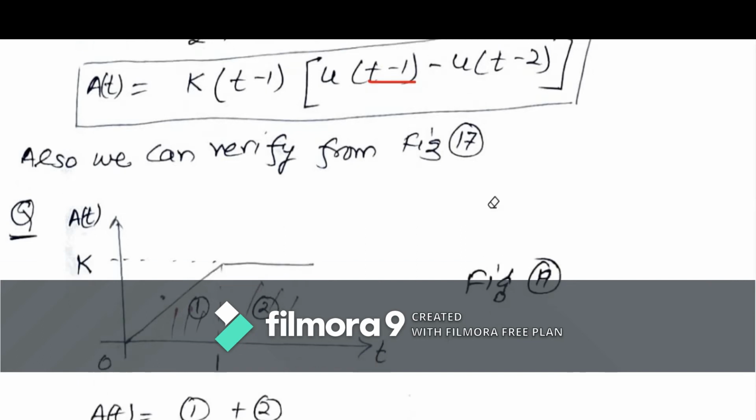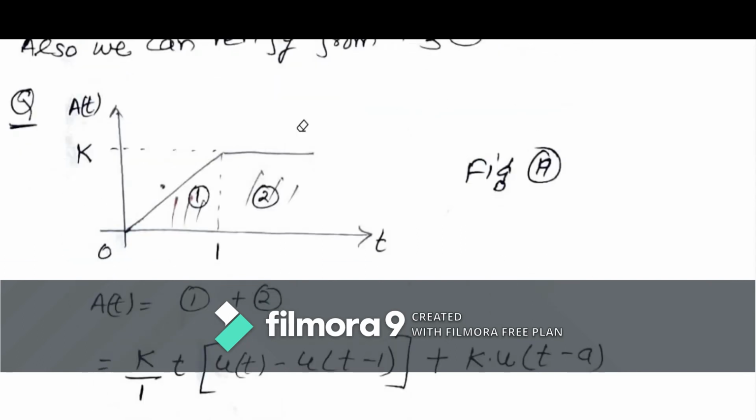This is the first part, which is the ramp function. This is the second part, which is a shifted step function. So again, A of t consists of two parts, 1 and 2. First of all, I will find the expression for part 1.